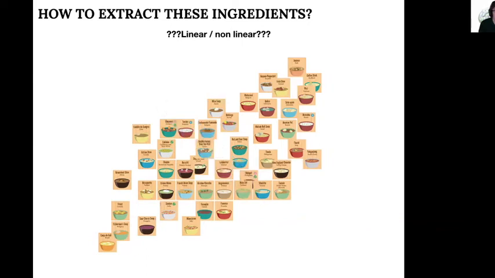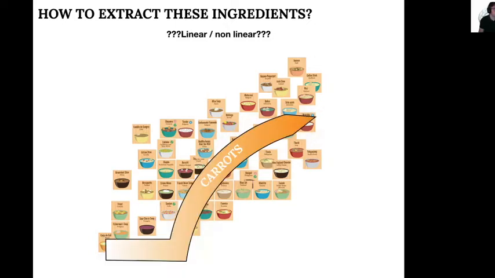But life is not always as simple, and you don't always have just a linear representation of all your different tastes. Sometimes some of your vectors will not follow a linear rule.